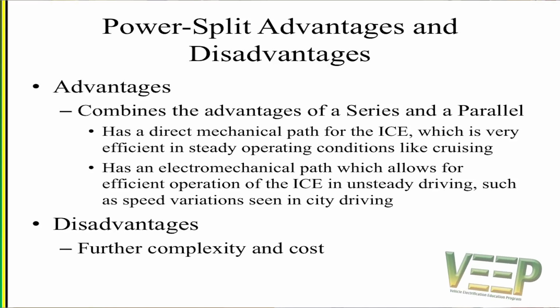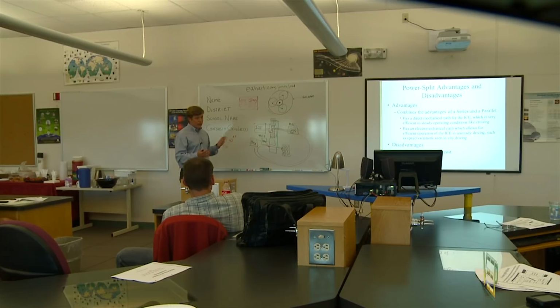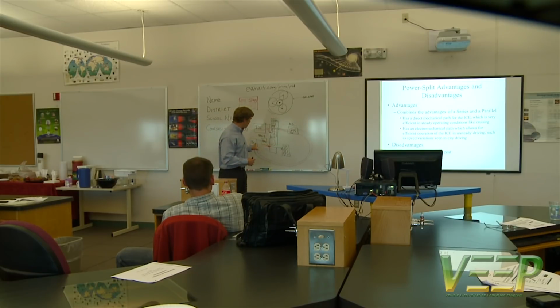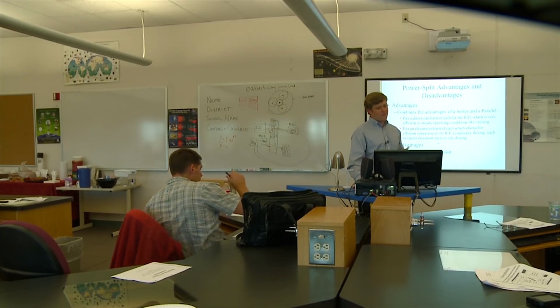Most of the power will follow this parallel path, at high efficiency, all that kind of stuff. But at lower speeds, or in city driving, it can do this electromechanical path that's a series path. So there are trade-offs to be had there.